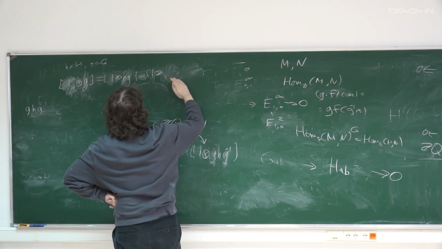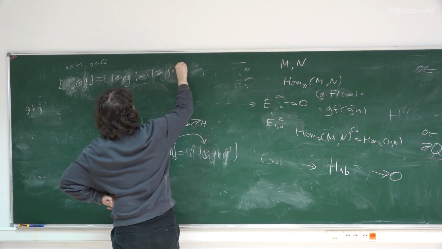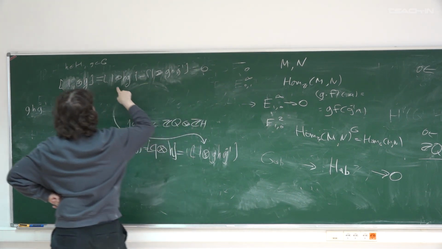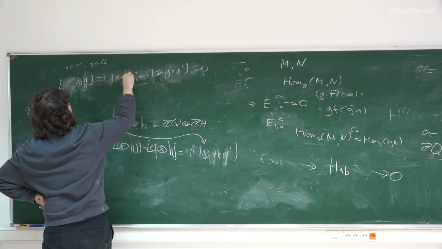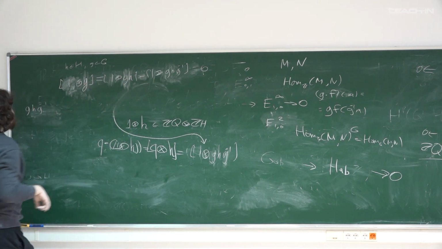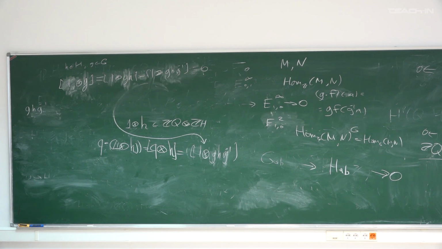If I obtain here GHG minus 1, then this will be GH, and this will be G. I think this is what I want.